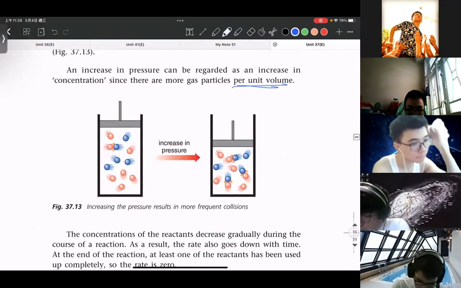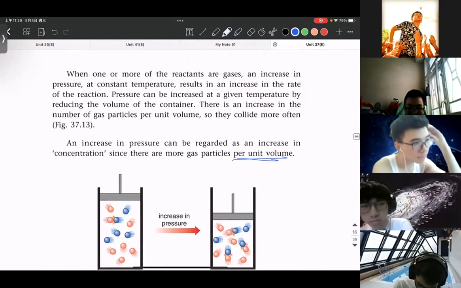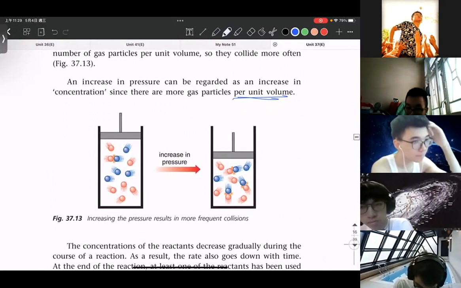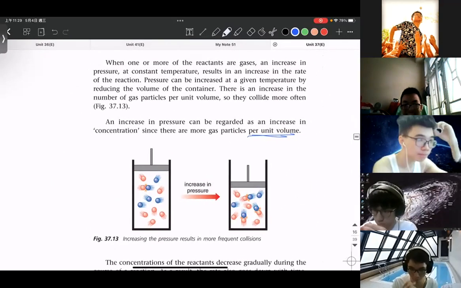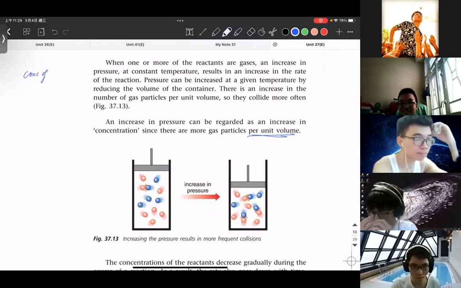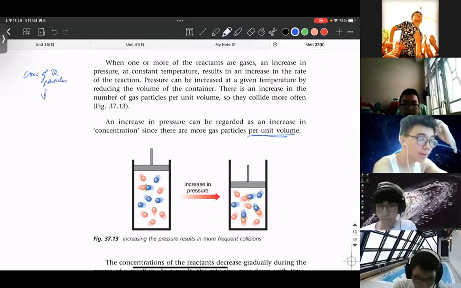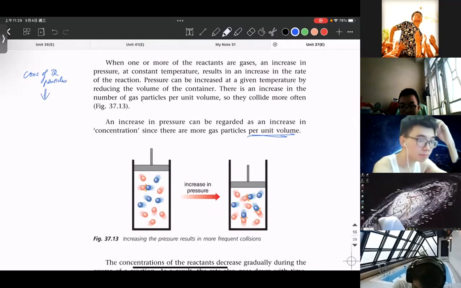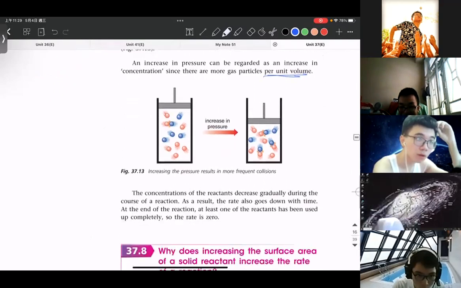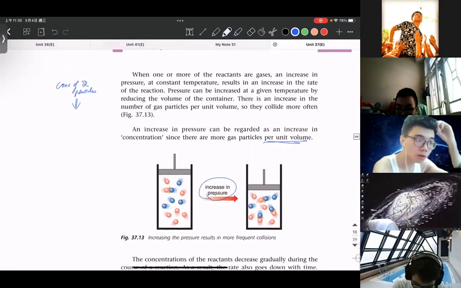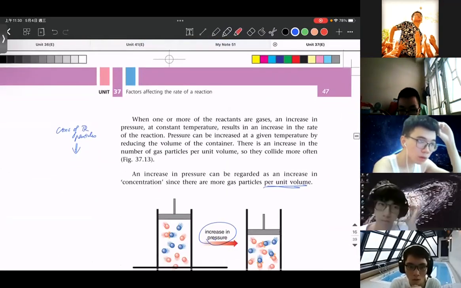So in short, it would be nice for us to write down a logical flow. The concentration of the reactant particles, which will affect, okay, now pressure also plays a role. I put it here first.